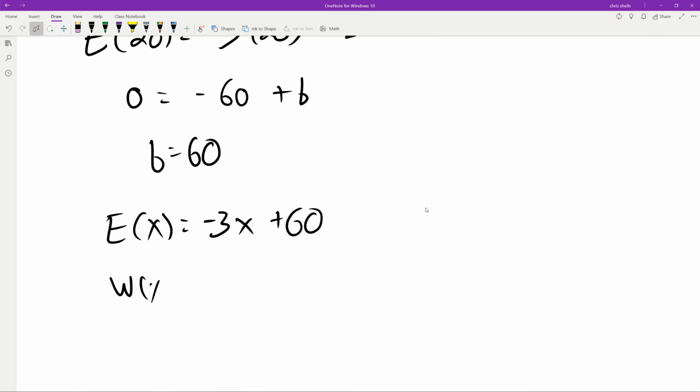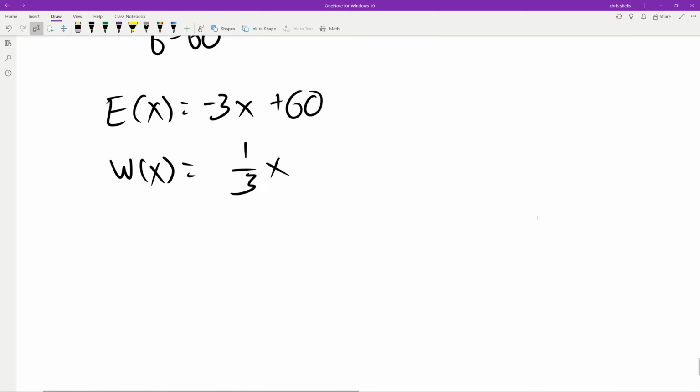I said w of x is 1/3 x. I can find where these two things intersect by setting them equal to each other. Negative 3x plus 60 equals 1/3 x. Let's see.